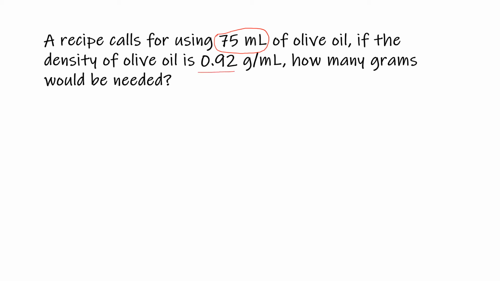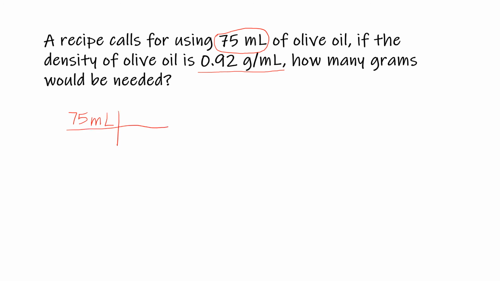We're going to use our density as our conversion factor. So if you are given density in a problem and either the volume or the mass and you're looking for the other one, either the volume or mass depending on what you're given, then you use density as a conversion factor. So we start with the amount we're given, which is our 75 milliliters.